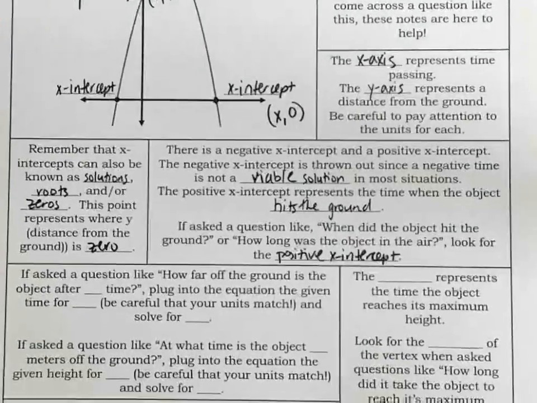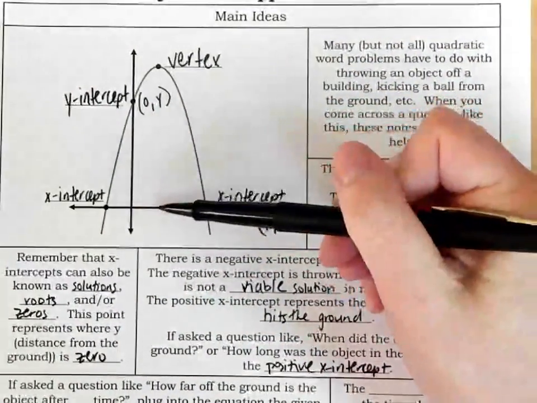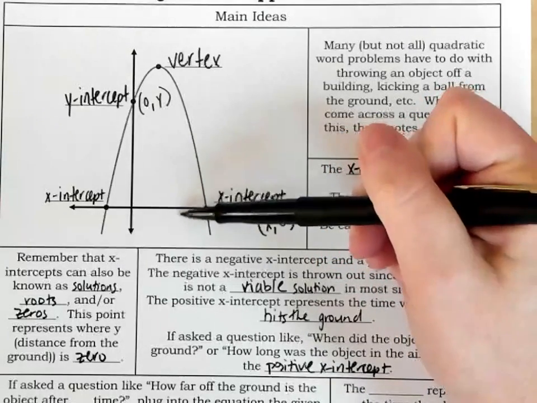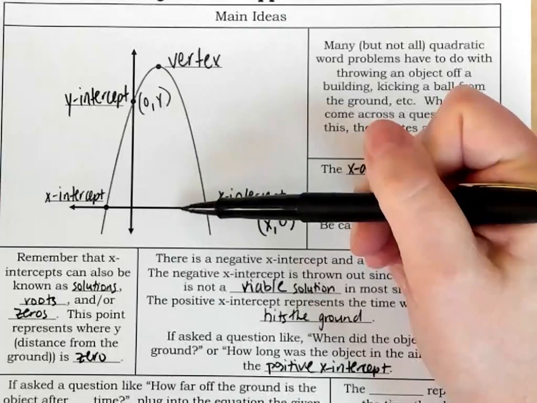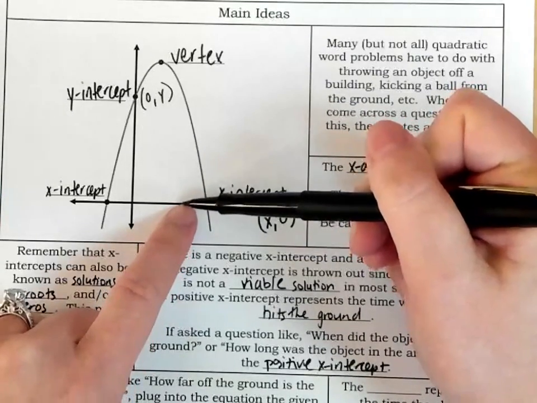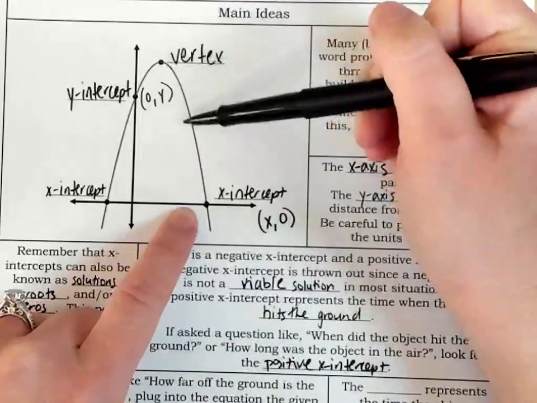Also, you may be asked a question something like, how far off the ground is the object after such and such time? So let's say that we want to know how far off the ground is the object at this time right here, whatever time that is. Well, to find that, I'm given the time. So I want to know at what point on this parabola is my object.